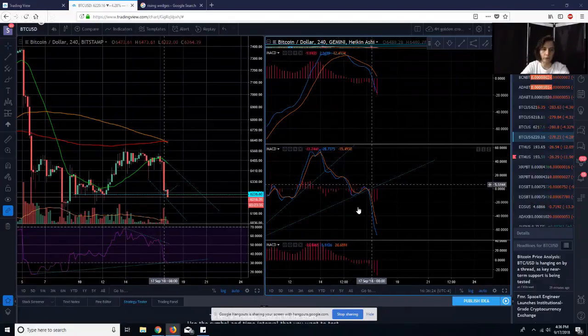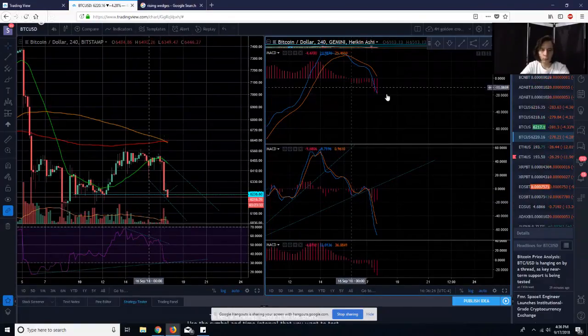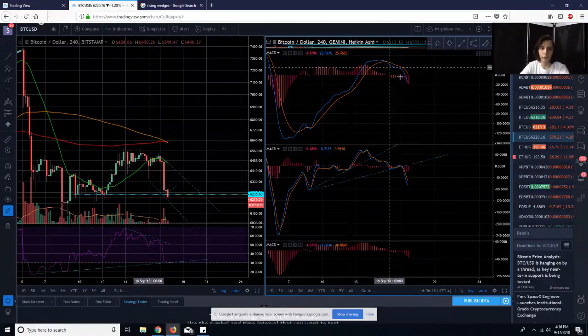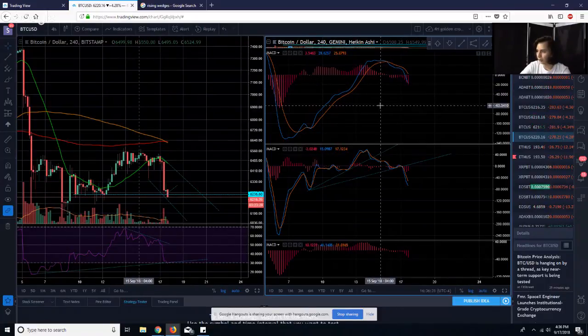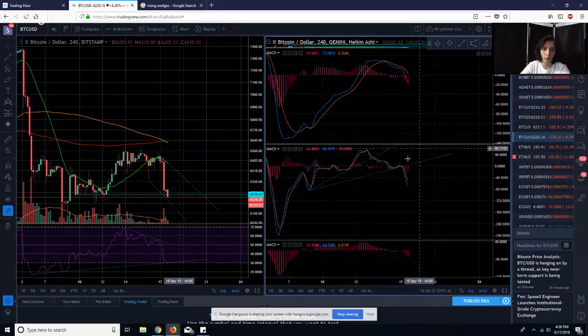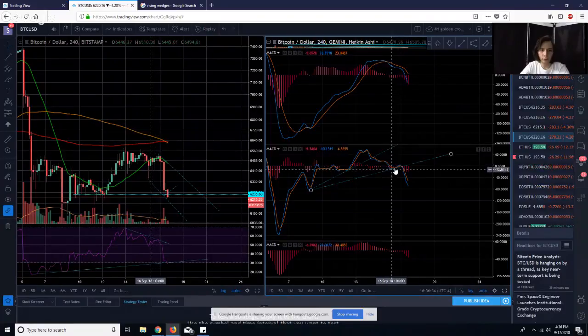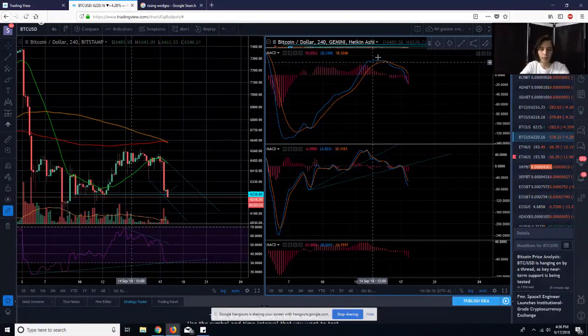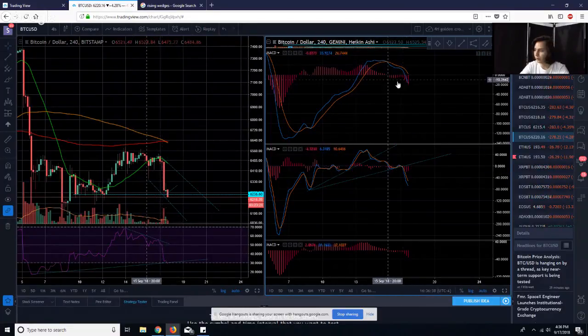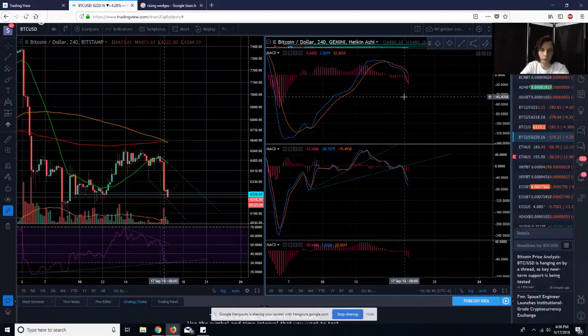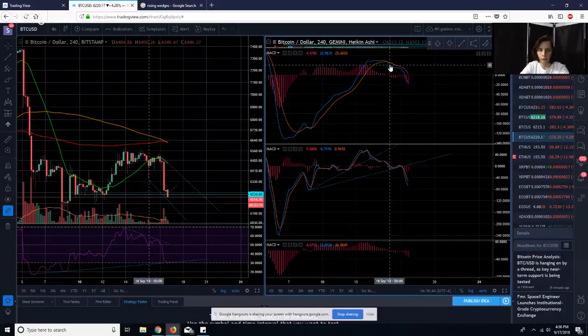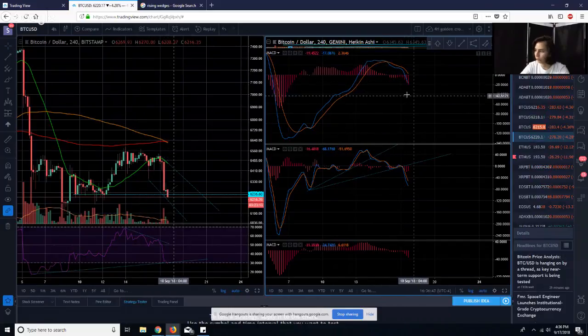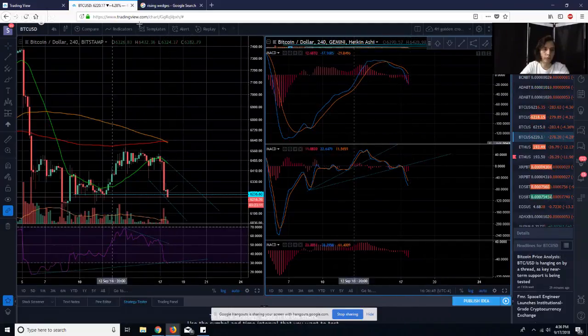For the top one, this is where you're going to be doing most of your decision making when it comes to entering positions. When a trend looks like it's about to break, most likely the MACD will show some sort of crossover below the 0 line. Let's take a look at the hourly.